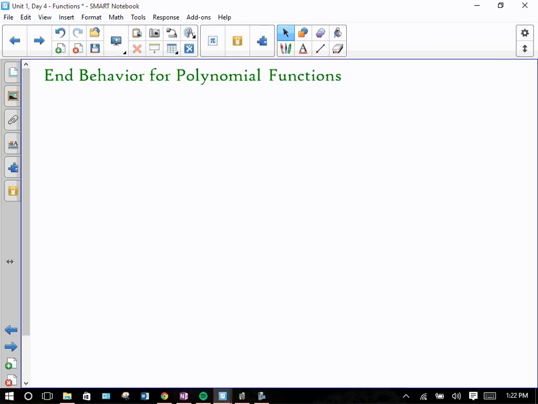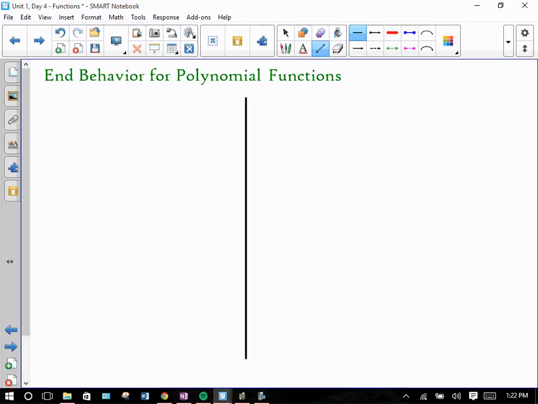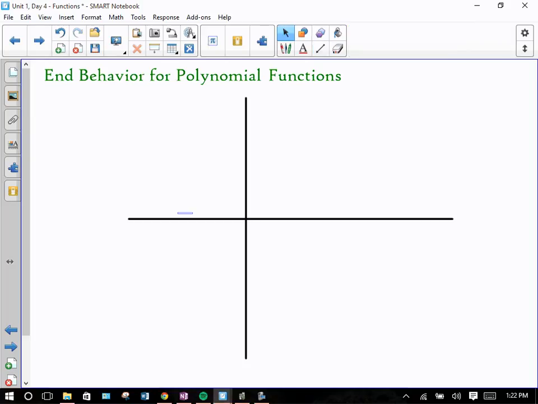All right, so I'll make a quick table for this. There's an easy way out. Again, I said it all is based on your leading coefficient and degree. What I want you guys to be able to do is figure out the end behavior of a polynomial function, and eventually other functions, without having to look at the graph.